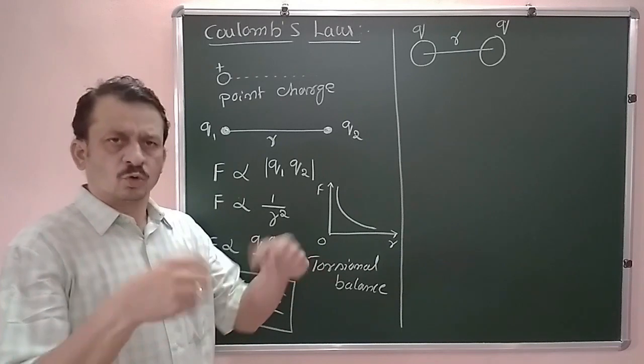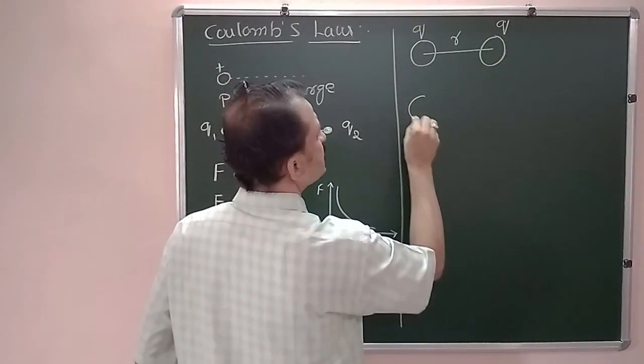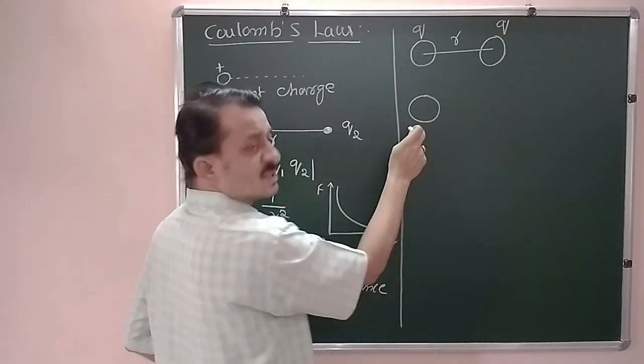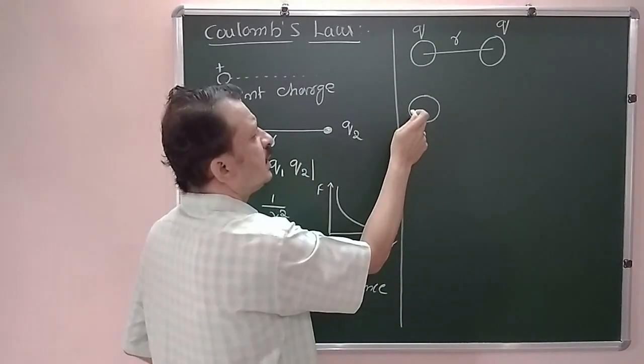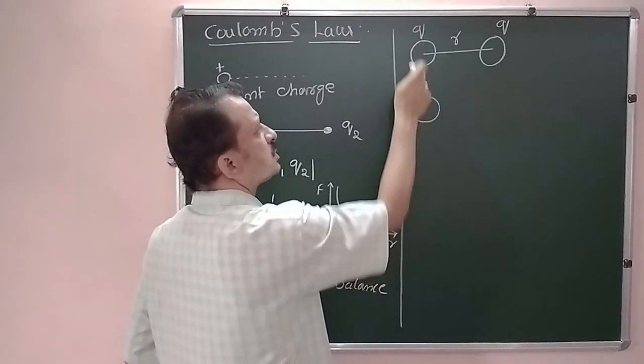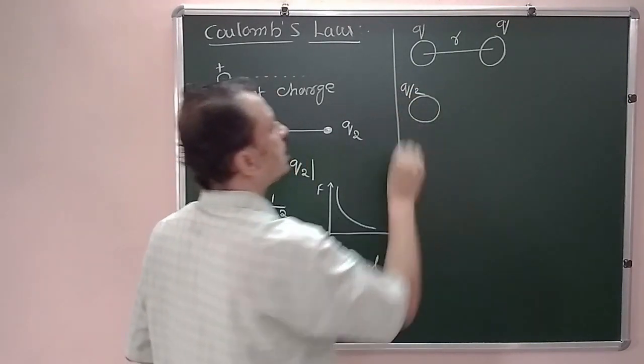Then he took 2 more identical spheres, and this sphere is identical to this one, but this is uncharged. He touched the uncharged sphere to the first sphere. Then what about the charge on these 2 spheres? It becomes Q by 2, half of that one.